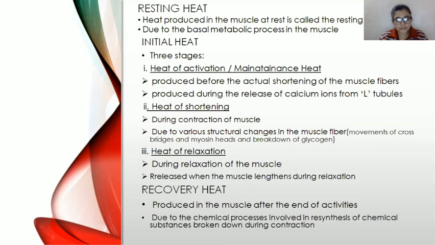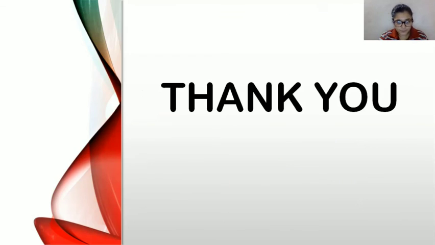This recovery heat is produced due to the chemical processes involved in resynthesis of chemical substances which were broken down during the contraction. Basically, this recovery heat is produced in order to prepare the muscle for the next process of contraction and relaxation.